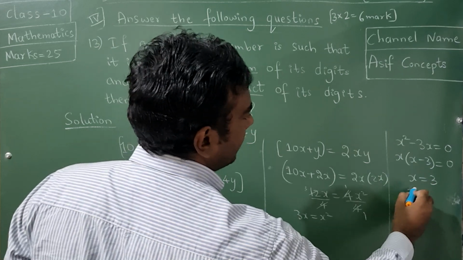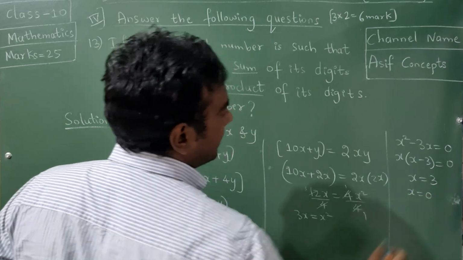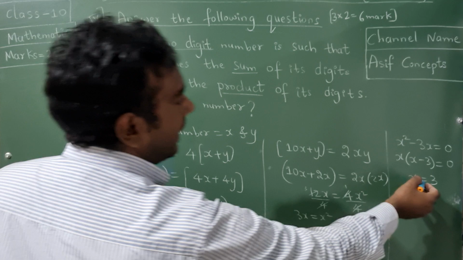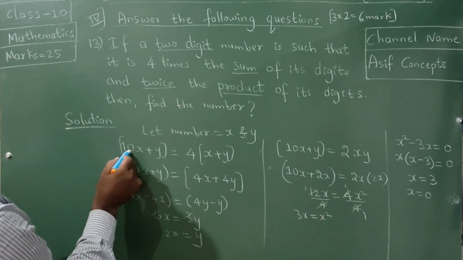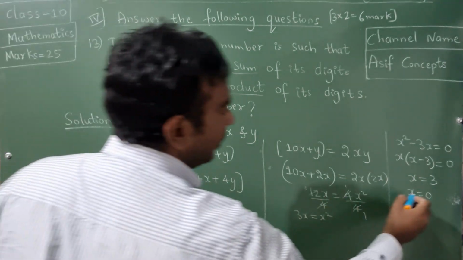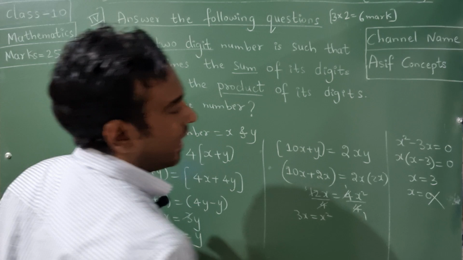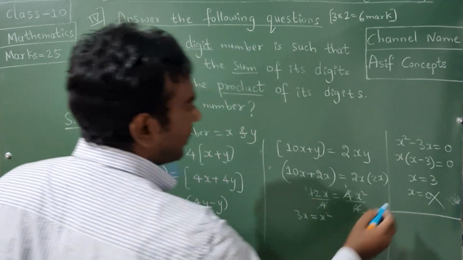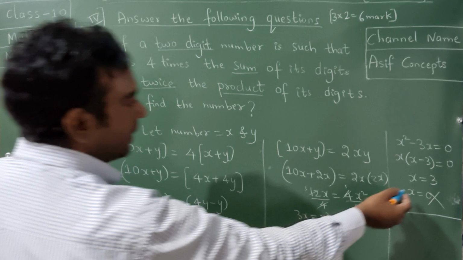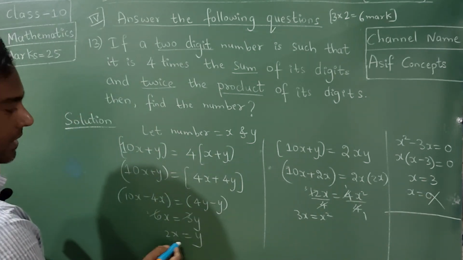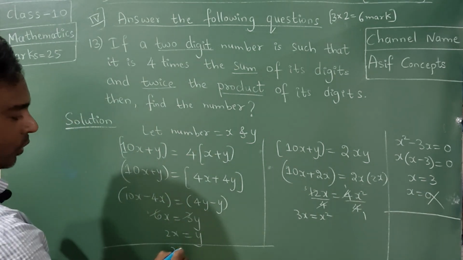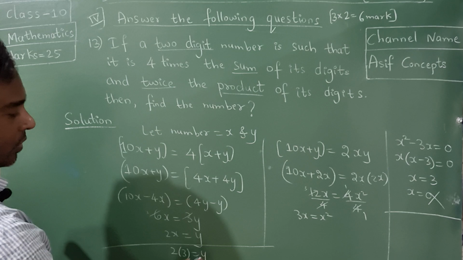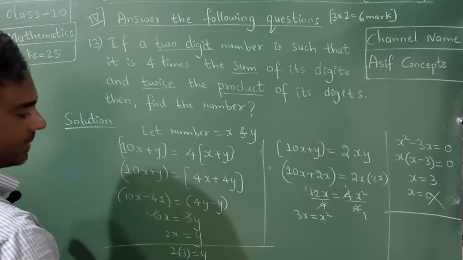Now x can also become 0, but since x is representing the tens place, x is equal to 0 is not valid. So we have to consider x value as 3. So if I consider x value as 3 in this equation, 2 into 3, so y value will become 6.